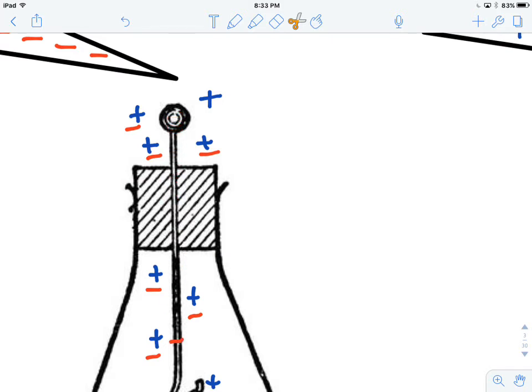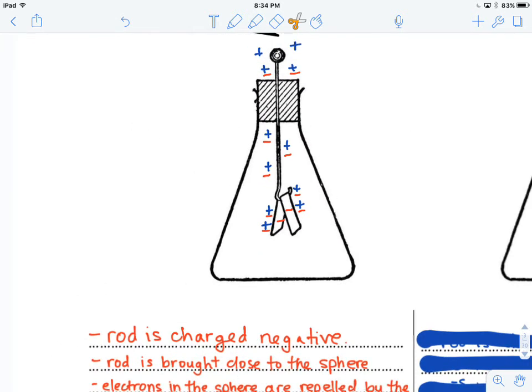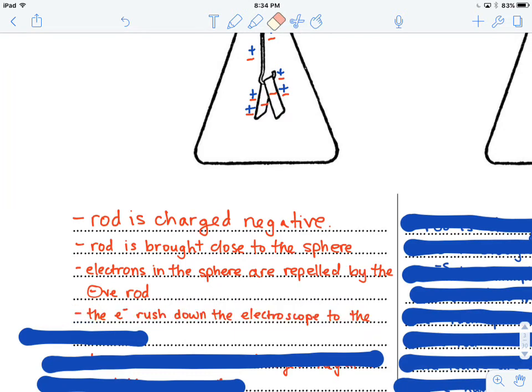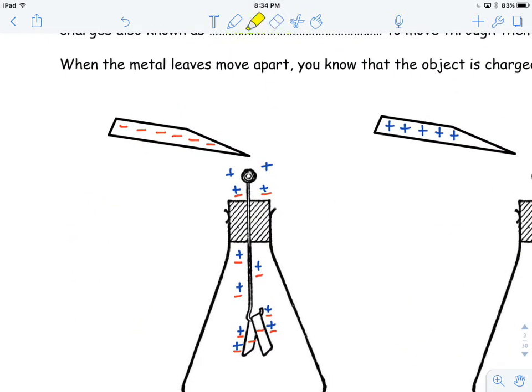So these electrons are going to want to move away, and what they'll do is move down the rod, and they'll end up in the leaves. So the electrons rush down the electroscope to the leaves, which means that the sphere in this local area is now a little bit more neutral.